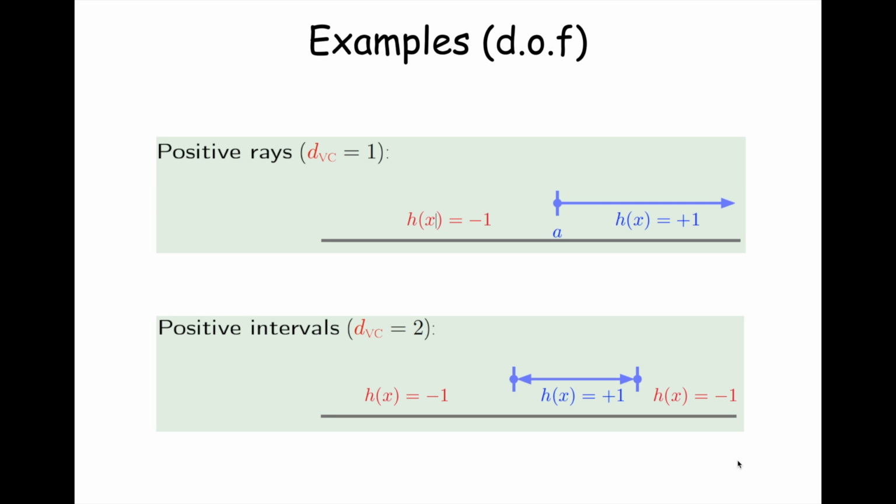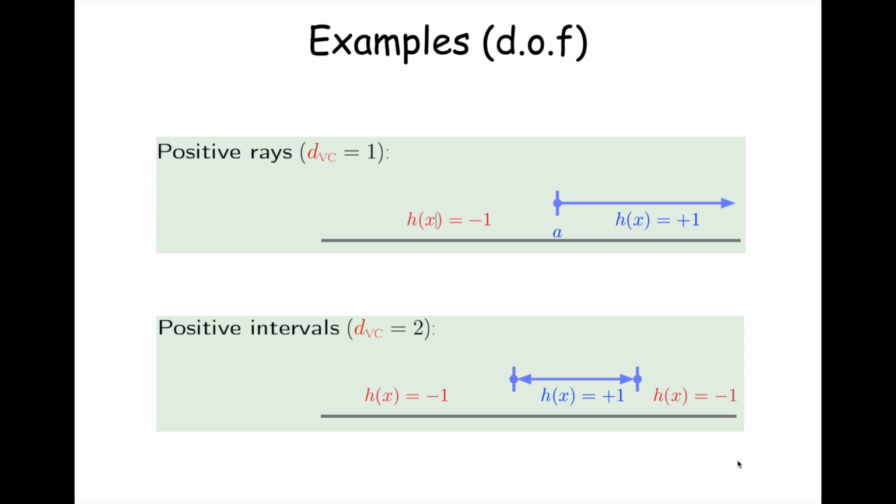Okay, so if we looked at the positive rays, we had this one parameter, the anchor point. And this anchor point, if you set it to be a large value or small value, you can get this hypothesis to change the dichotomy in one particular way, right? By moving the anchor point. Here for the positive intervals, the VC dimension is 2. And if you think about it, the parameters here are the left anchor point and the right anchor point.